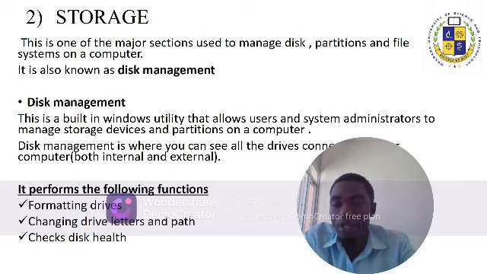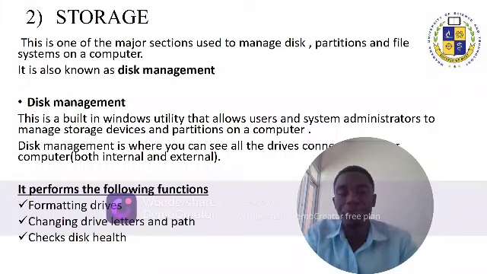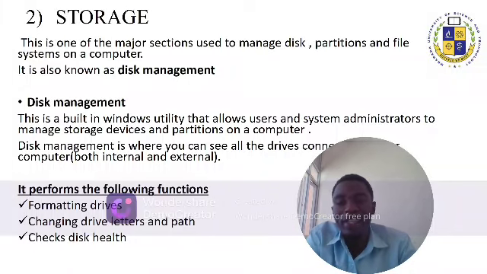So we can continue to the sixth one in disk management, which is shrink or extend volume. I didn't include these things on the slides we are presenting, so you can continue to write them down. Shrink reduces the size of a partition to create free space.